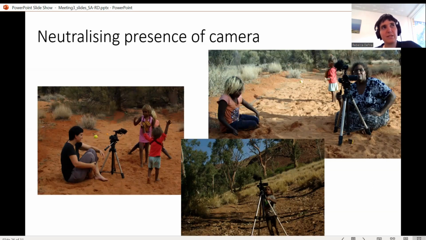With the video camera, it's another thing where it tends to get a lot of focus in the recording setting, and this can make people self-conscious and do all sorts of things. It also can be a real focus for the children wanting to interact and play with the camera.